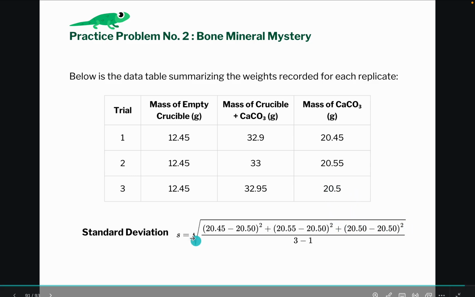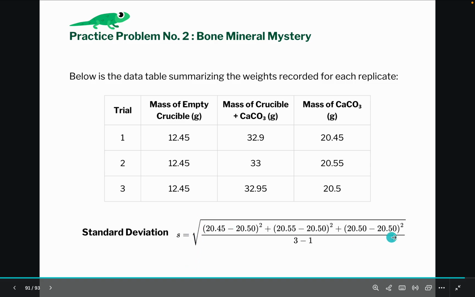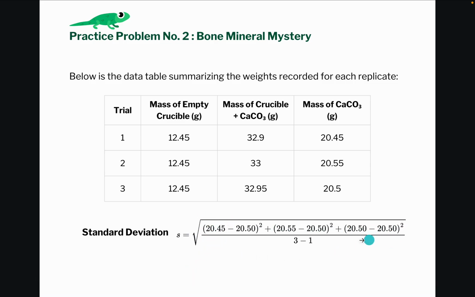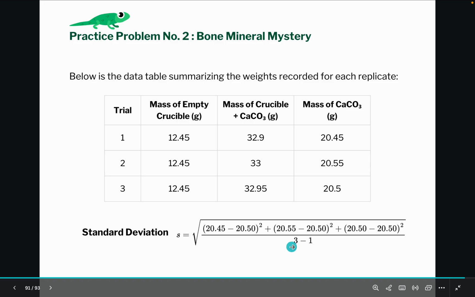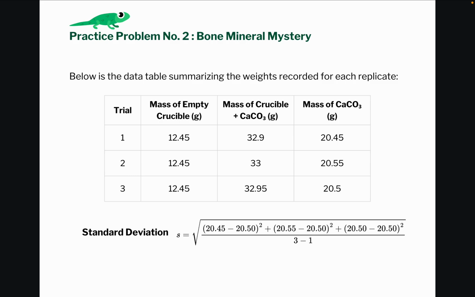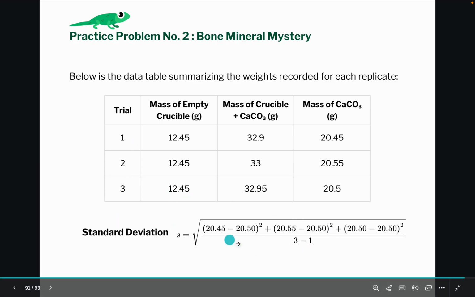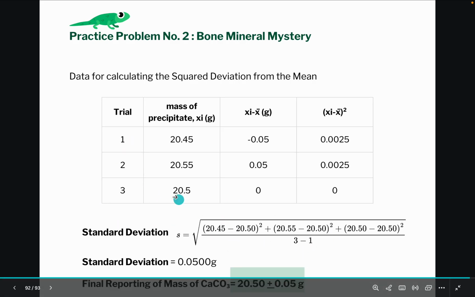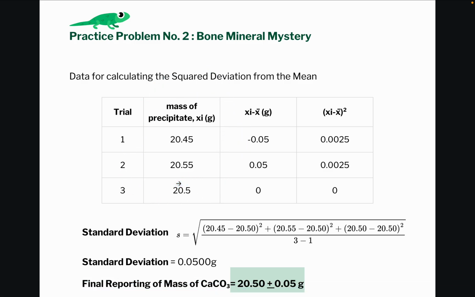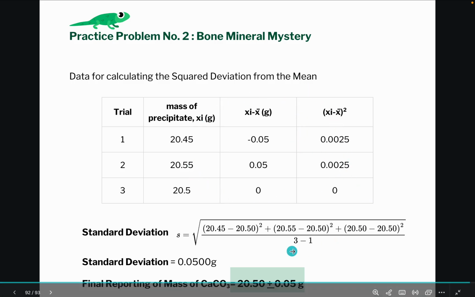Then we take the square root, and after you get this, you divide it by your number of replicates, or trials, minus 1. Since we only use 3, we subtract 1. And I also have here the data for calculating the standard deviation from the mean.